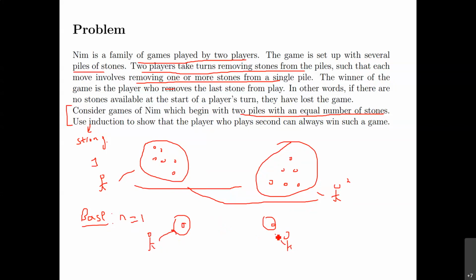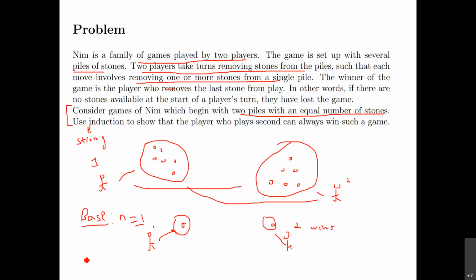There are no longer any stones in the game, and player 2 wins. Because remember, the player that takes the last stone is the one that wins. So when you only have 1 stone in each pile, it's pretty simple. Player 1 has to remove one of them, then player 2 removes the other one. Done.